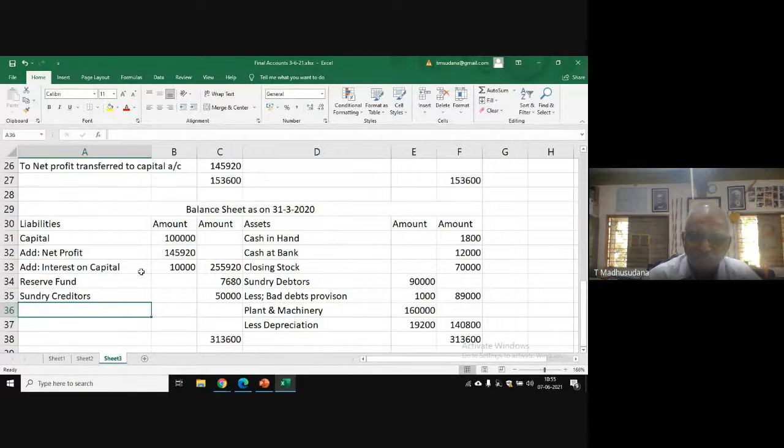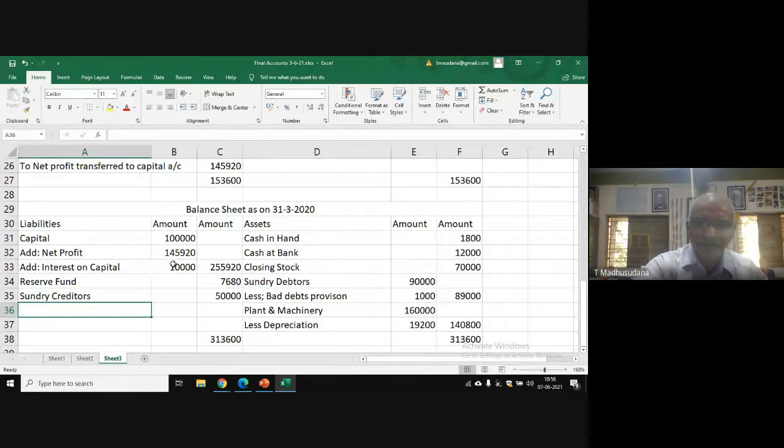Only the profit and loss account and the trading account are accounts. Therefore, we use to and by while writing any entry in the trading account and the profit and loss account. But the balance sheet is not an account. It is just a statement of assets and liabilities. Therefore, we should not mention to and by.